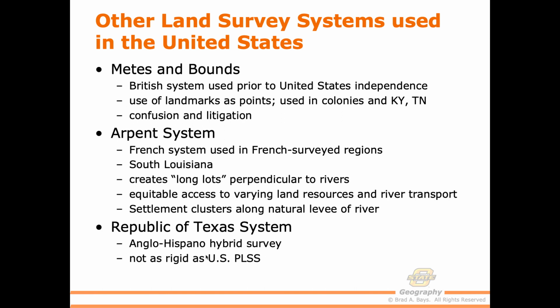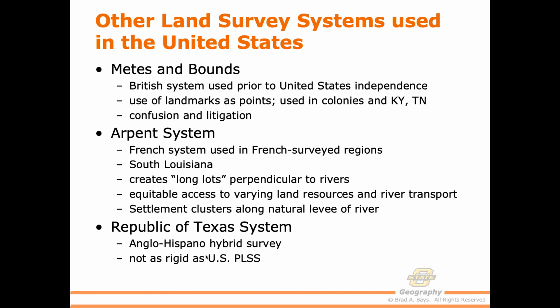So the long lot system allowed the French settlers to live close together for security reasons and for transportation reasons near the river with their farmsteads, but it also allowed them to claim land of varying quality and varying resource bases. And that was the tradition within France. And you can still find in French-speaking areas of Europe the long lot.